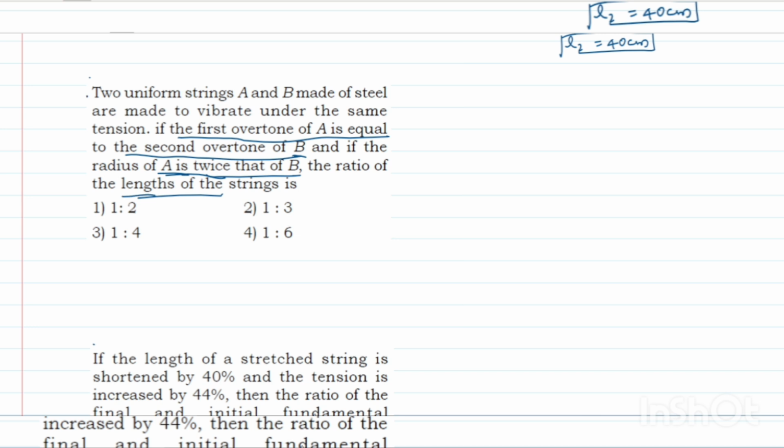So here you can take, students, first overtone is nothing but the second harmonic of A, which will be equivalent to the second overtone of B. Second overtone is nothing but the third harmonic, so it will be equivalent to the third harmonic of B. It's nothing but here you can write as F2.